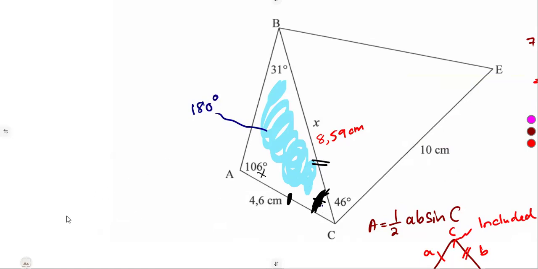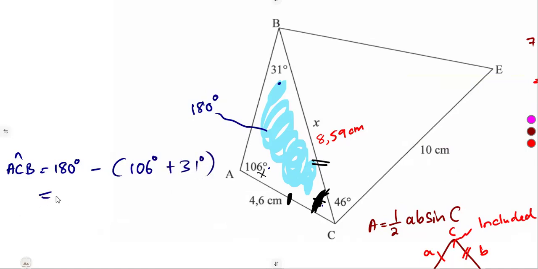So the angle at C, which is ACB, is equivalent to 180 degrees minus the two angles inside the triangle, which is 106 plus 31 degrees. So that gives us 43 degrees.